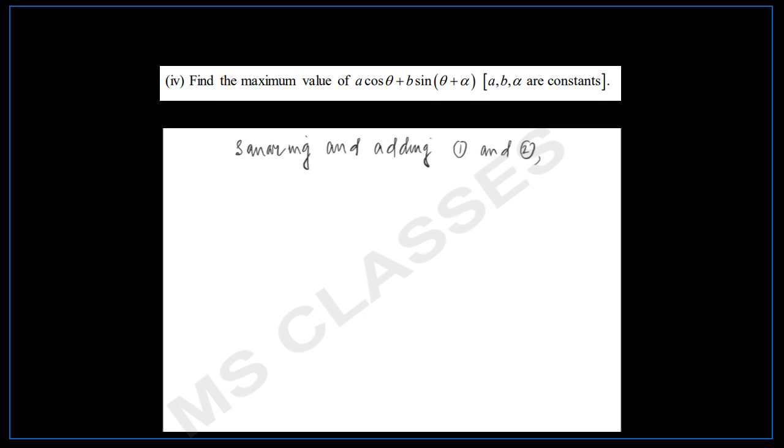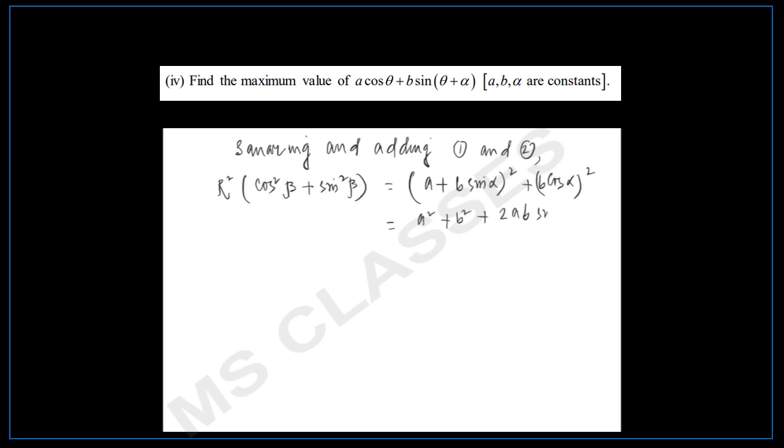So what do I get? On the left, R square common times cos square beta plus sine square beta. On the right, A plus B sine alpha whole square plus B cos alpha whole square. That gives A square plus B square sine square alpha plus B square cos square alpha, which will be B square only, because sine square alpha plus cos square alpha is 1, plus 2AB sine alpha.